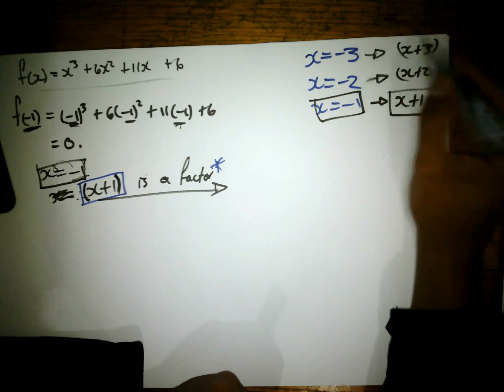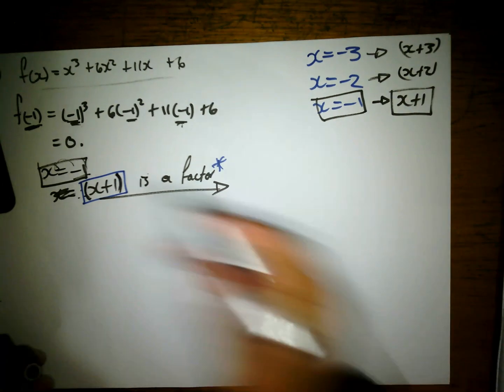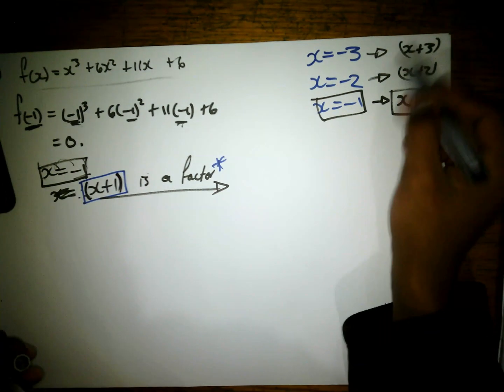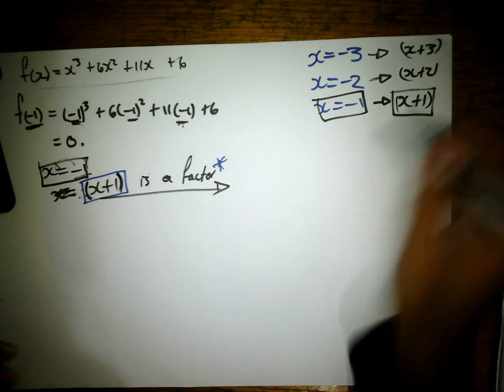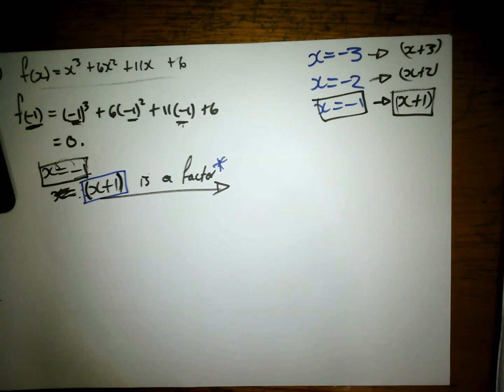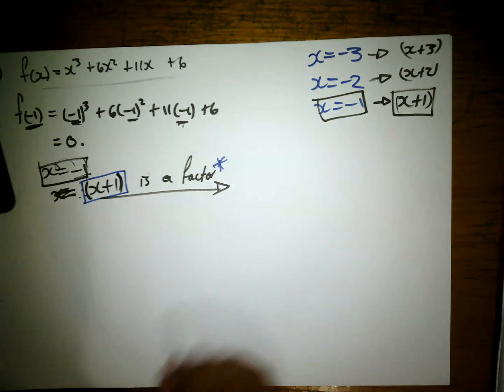But we have to prove this. You see, the calculator gave us these answers. It gave us these factors. But we need to prove it mathematically using the factor and remainder theorem. This is just to check your answer.